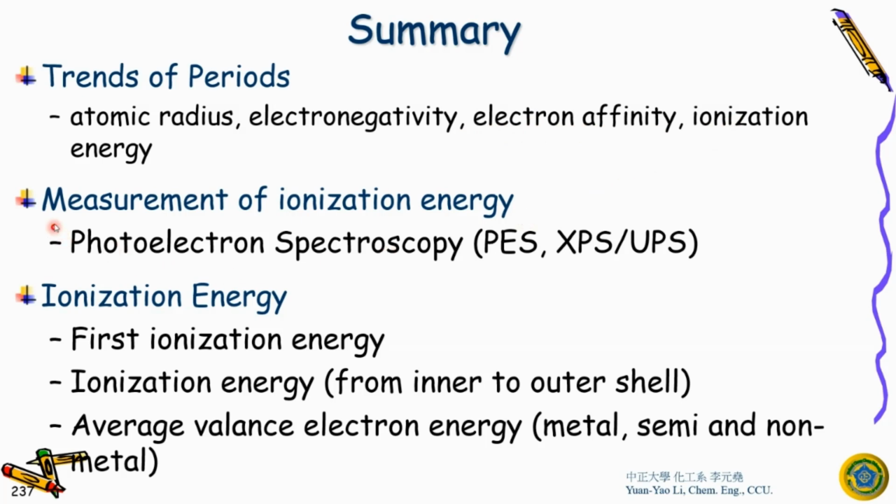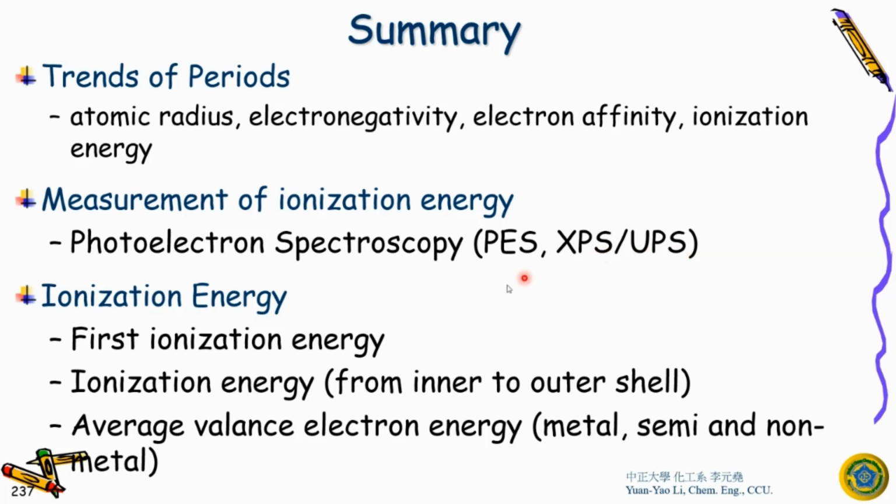The second topic we learned is measurement of the ionization energy. We use photoelectron spectroscopy, PES for short. Depending on different sources, it can be X-ray or ultraviolet light, so we use XPS or UPS for short.